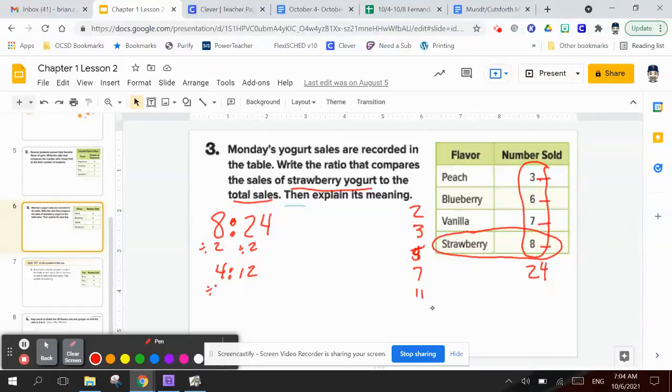So I can divide each by 4. 4 divided by 4 is 1. 12 divided by 4 is 3. So what that means is that for every 3 sold, 1 is strawberry. There it is. For every 3 sold, 1 is strawberry.